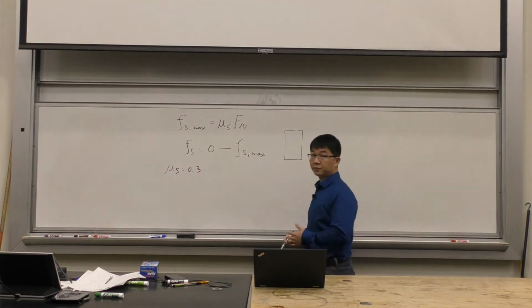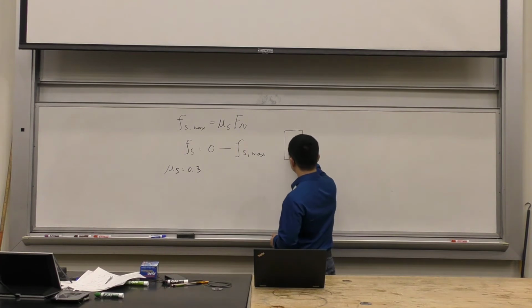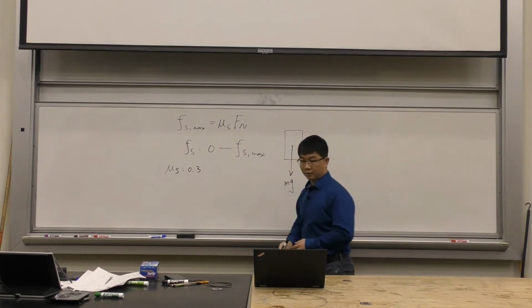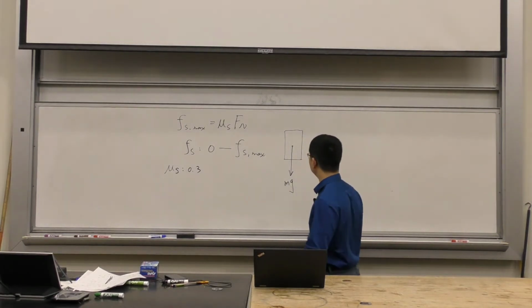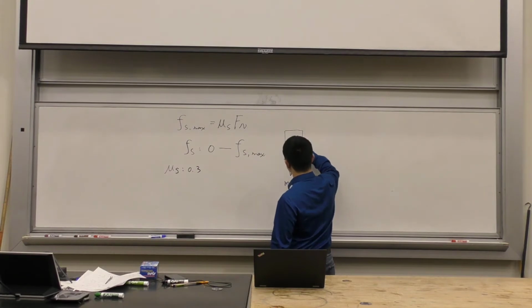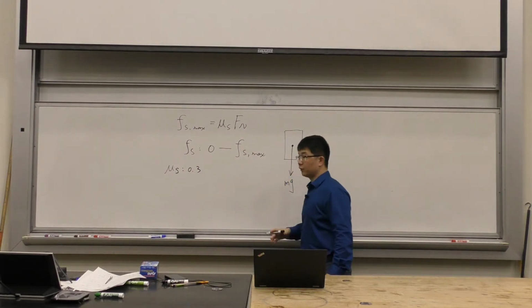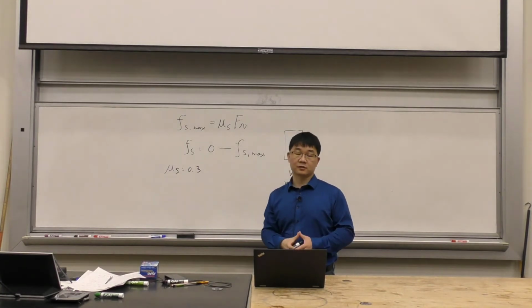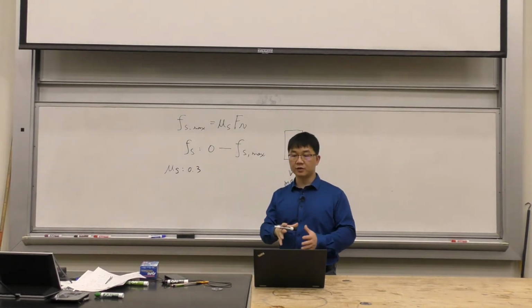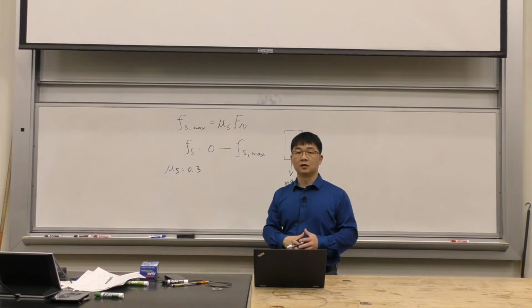When I draw a free body diagram, the first force I draw is always gravity. And then in this case, there's a force P applied on this block in that direction. When I draw a free body diagram, I usually draw all the forces starting from the center of the object, so it's easy for me to see the relations among these forces.